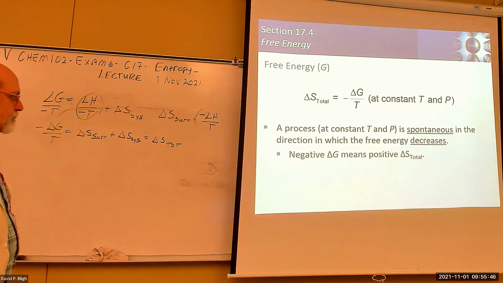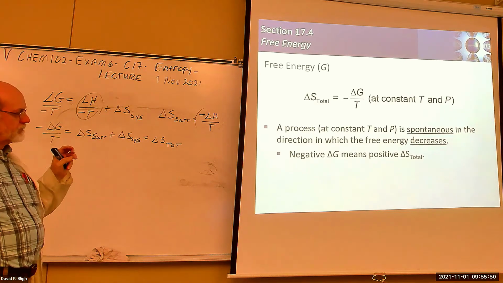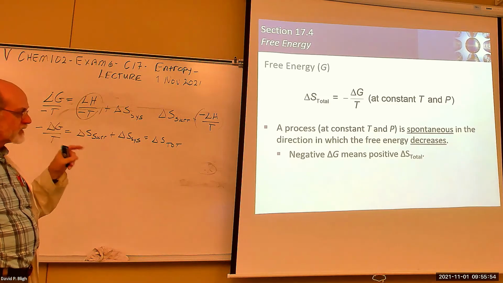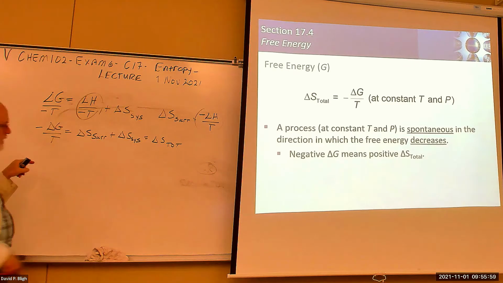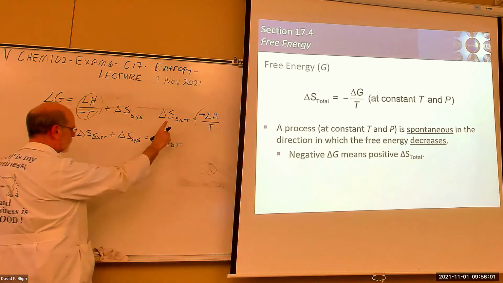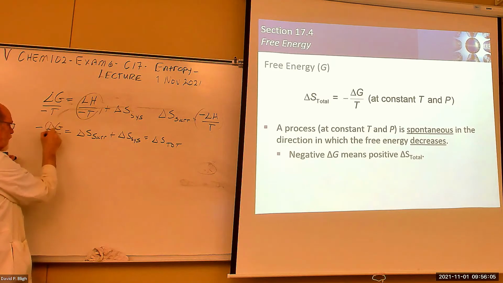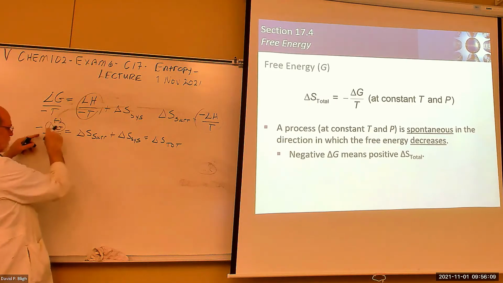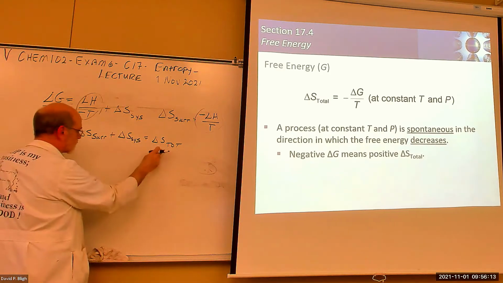Okay. So what we're saying is this process is spontaneous in the direction in which the free energy gets smaller. So if this one gets bigger, this one has to get smaller, has to be more negative in order to be positive. So the smaller delta G gets, the bigger this side gets.